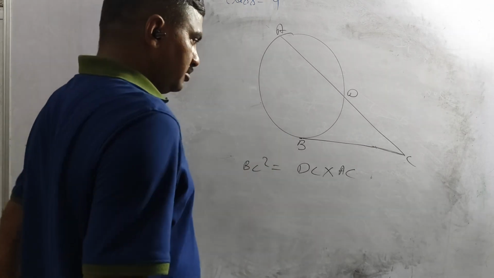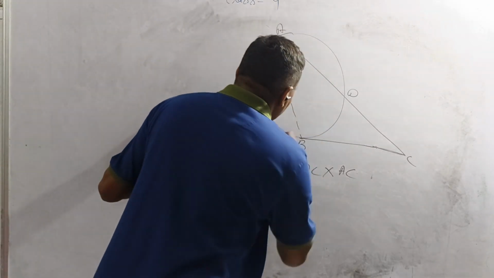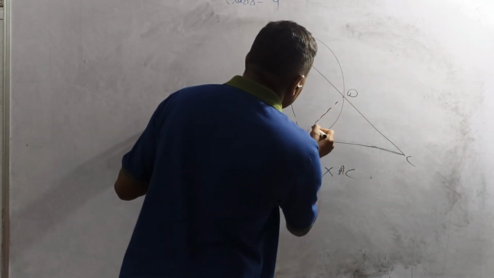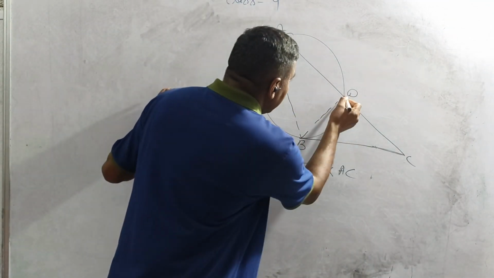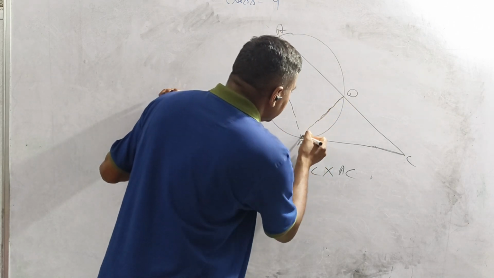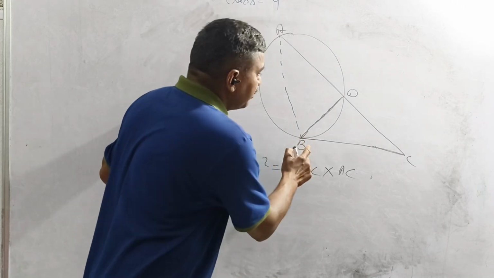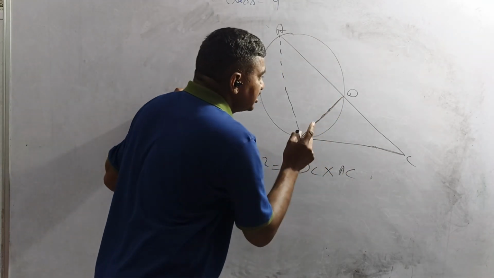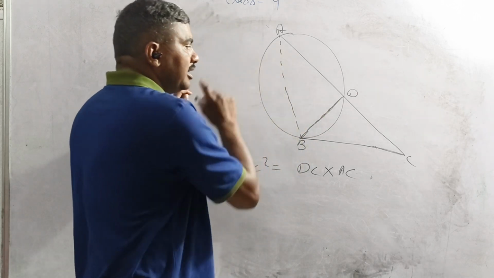We have to prove this. Okay, let's join this. In the alternate segment, we have studied that the angle made between a tangent and a chord is equal to the angle made by the chord in the alternate segment.